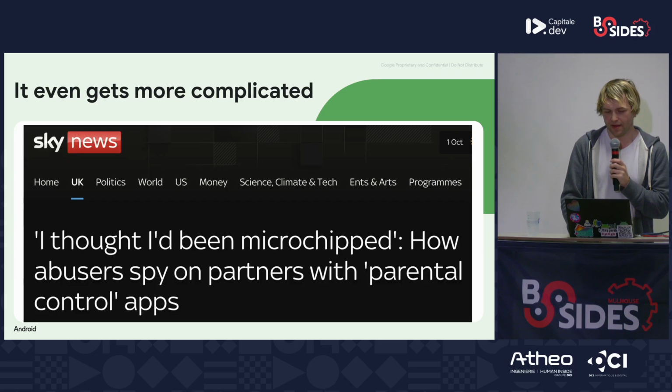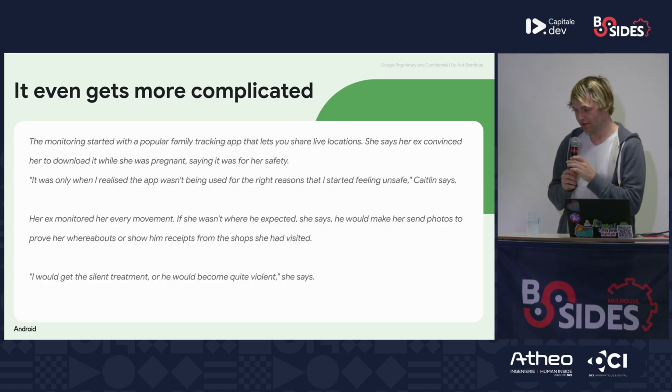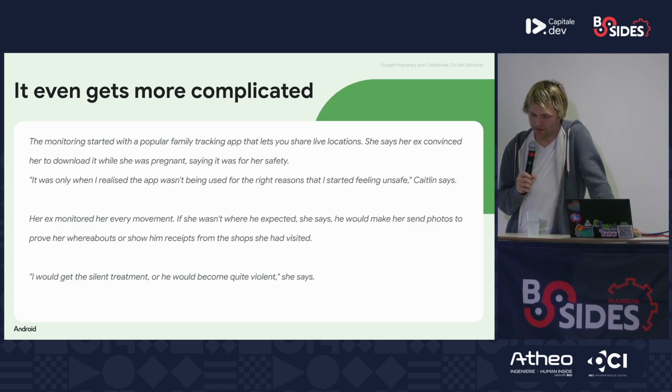And it gets even more complicated. There's this Sky News article where someone actually installed a monitoring app on their phone with their consent. Their partner said it was for her safety, and she was fine with it at the time.